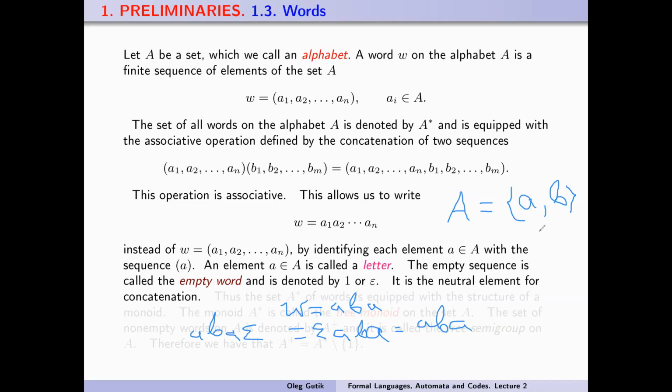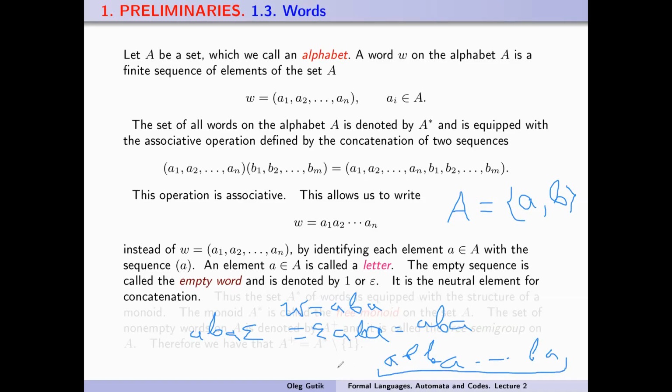So in our case, we have two letters in our alphabet A capital, A and B, and all words have the form A, B, B, A, B, A. So we have the order of symbols.